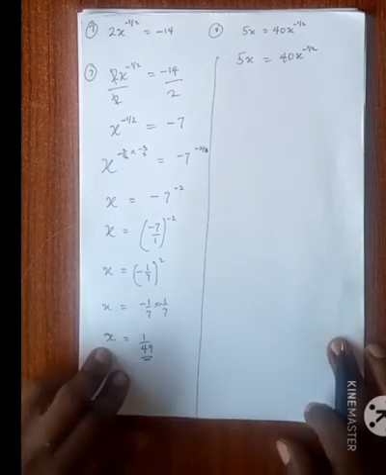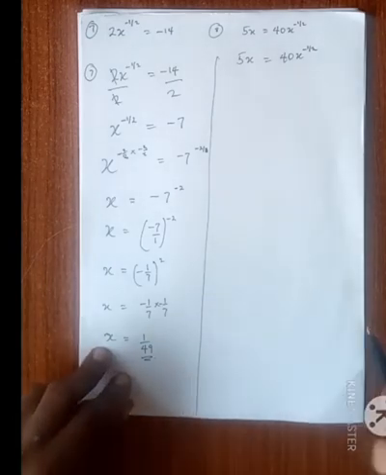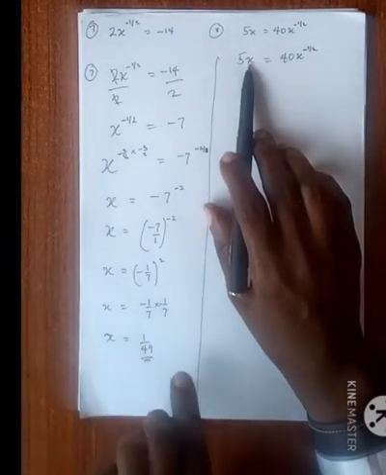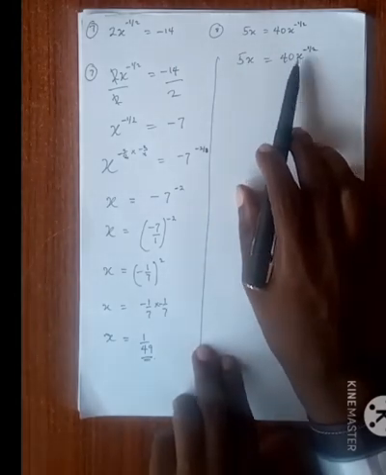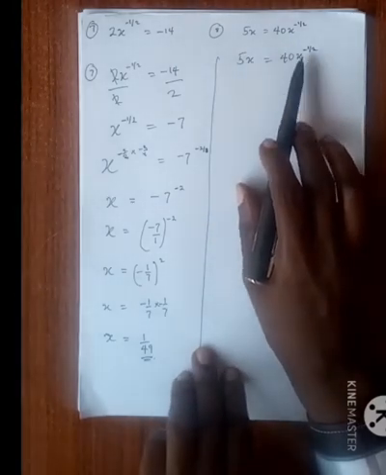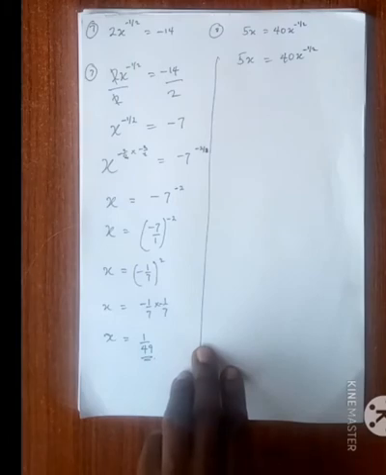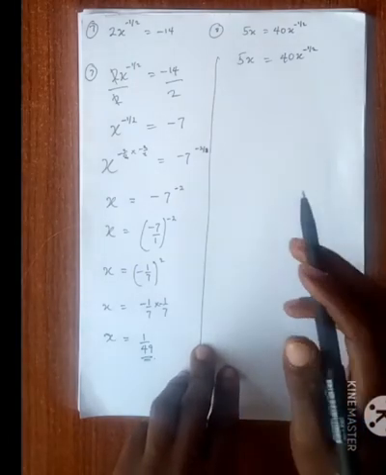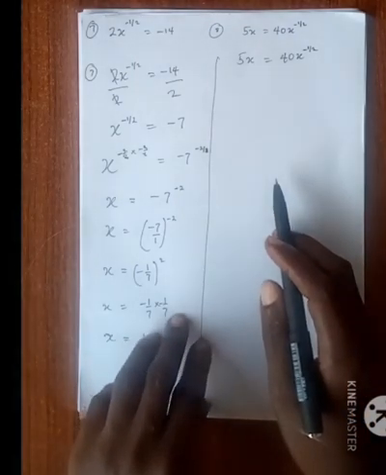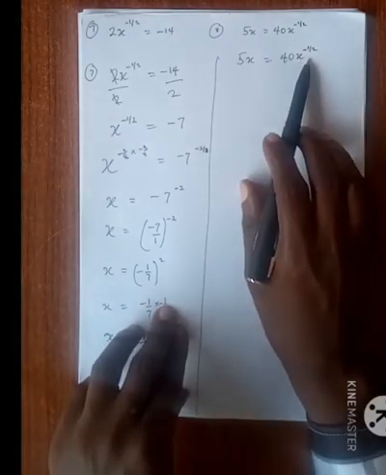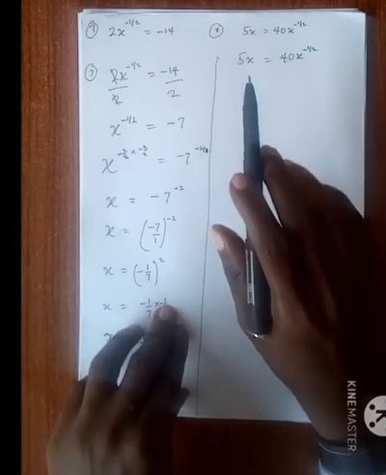So what to do here is this x here, it might be that I want it to come here, or this x raised to the power minus half is the one I want to come here. So it depends on the person, the nature or the type of person solving the question. But the approach I want to use is the one having raised to the power minus half is what I want to move from here down to this place.